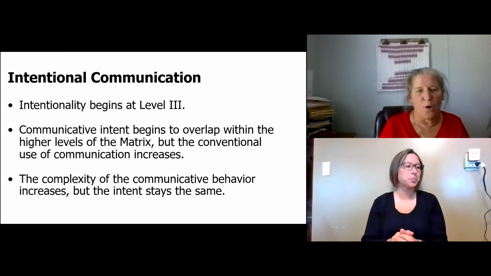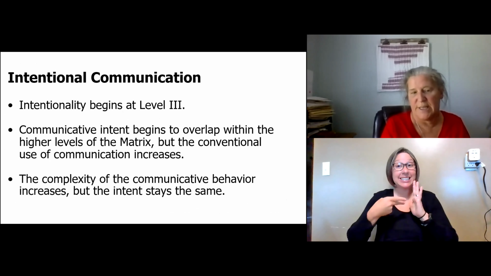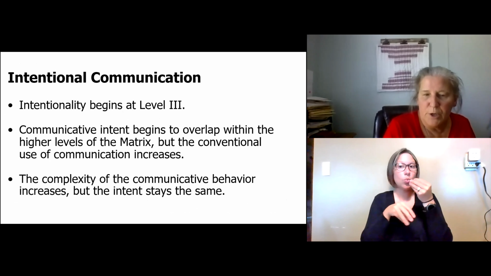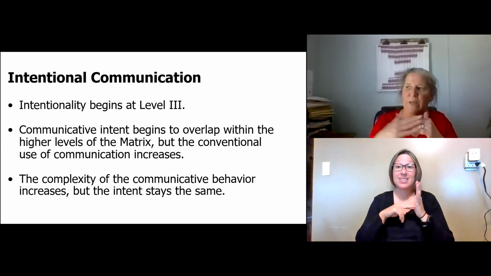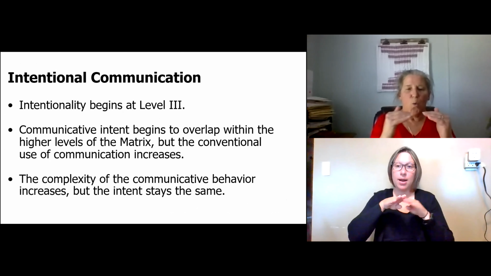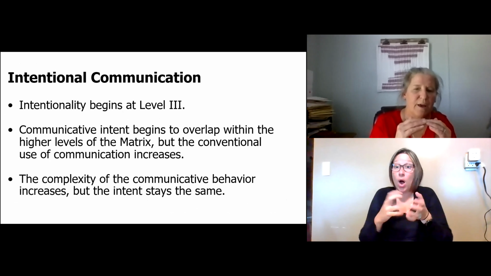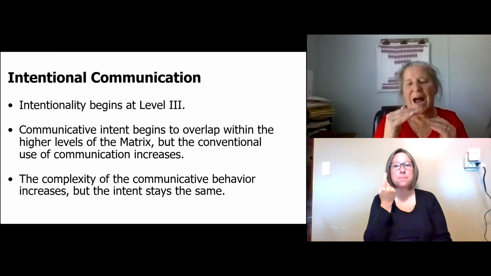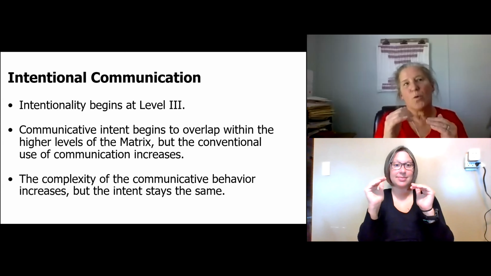Okay, so remember, our intentionality began at level 3, and we're still building it up. And the communicative attempts began to overlap within the higher levels of the matrix. So we're still wanting those intents to happen, but what we want is a little higher expectation now. So the conventional use increases.